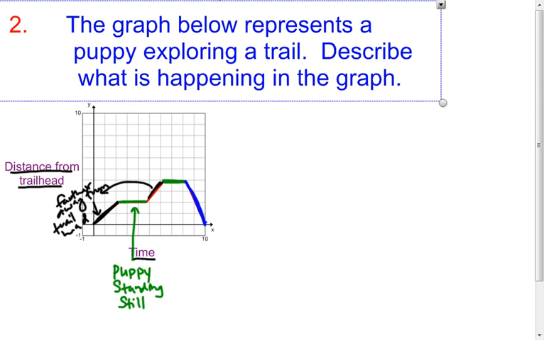The puppy is getting closer to the trailhead, so the puppy is probably walking back to the start. Okay.